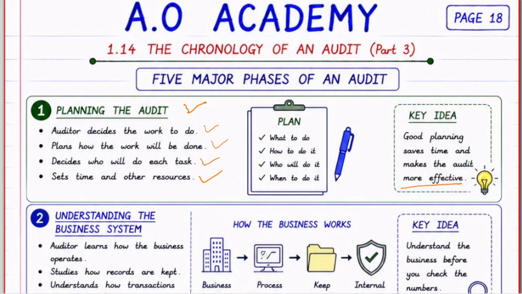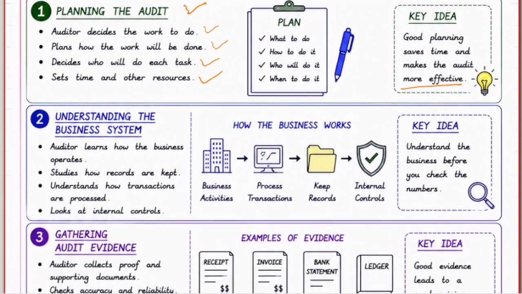All right, so what is the phase 2 now? Phase 2 is understanding the business system. Okay, the business what? System. The business system. This phase 2 comprises both stage 1 and stage 2.